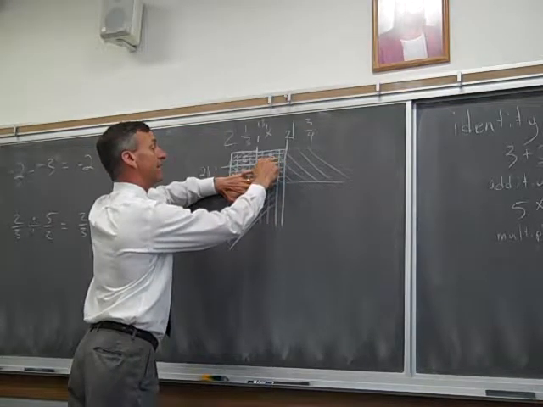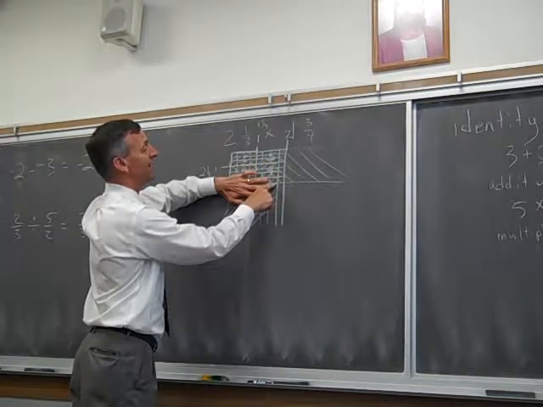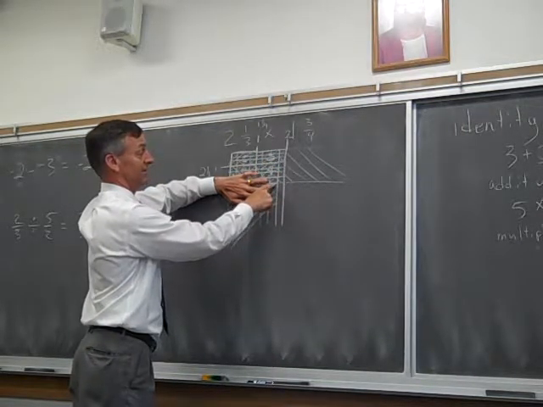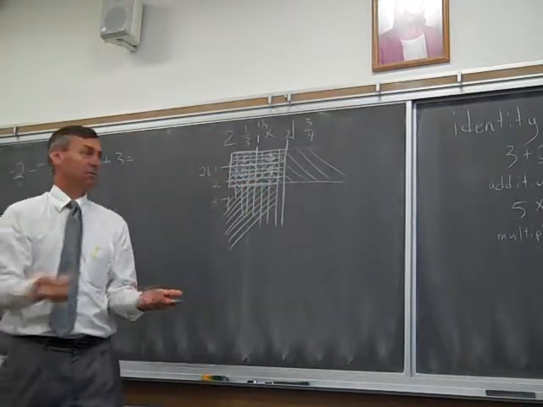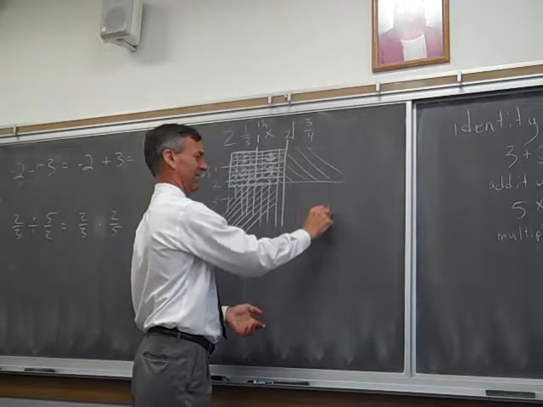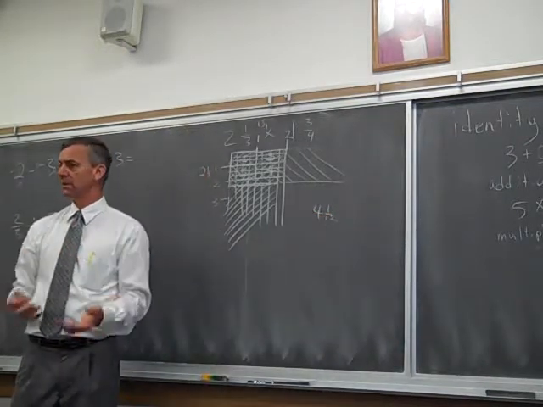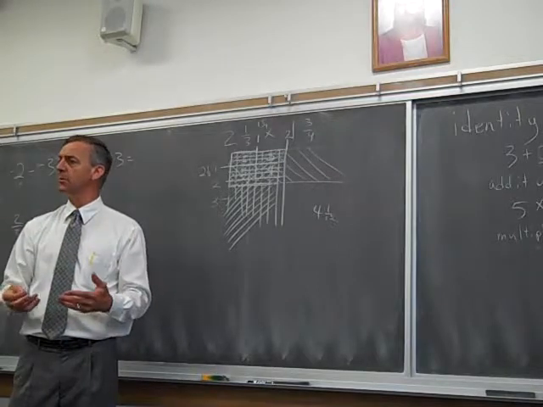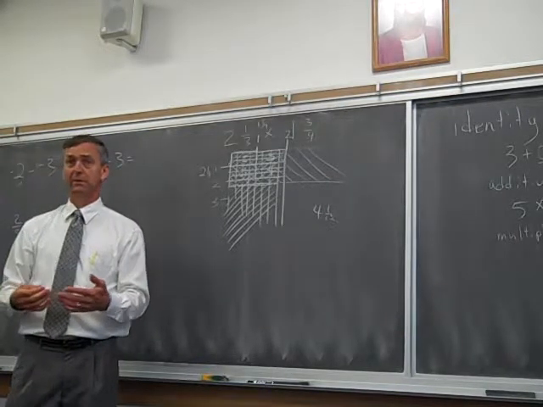And now I've got a fourth whole, and what's left over? 4 and 1 what? 12 should be my answer. We didn't do any kind of algorithm, we just looked at it. Is that the right answer, by the way? Better be.